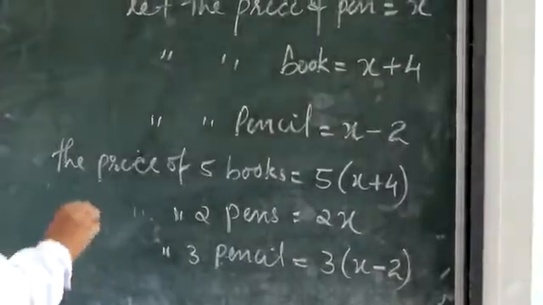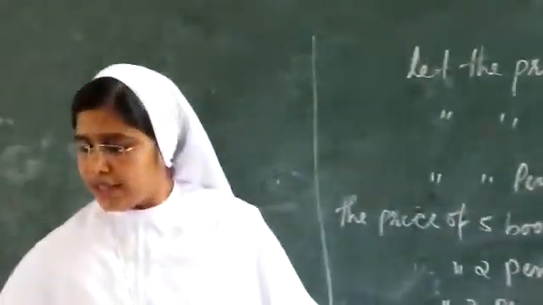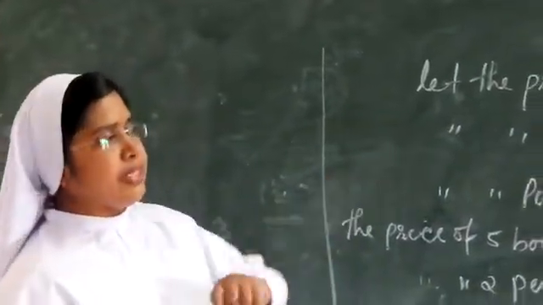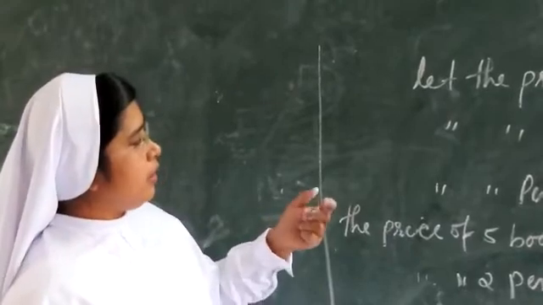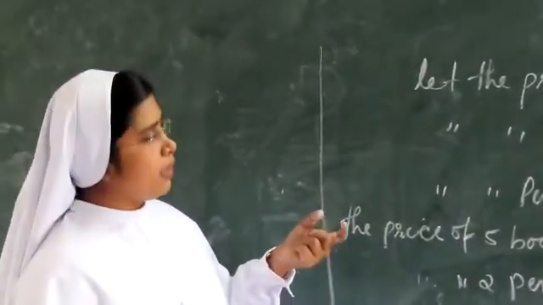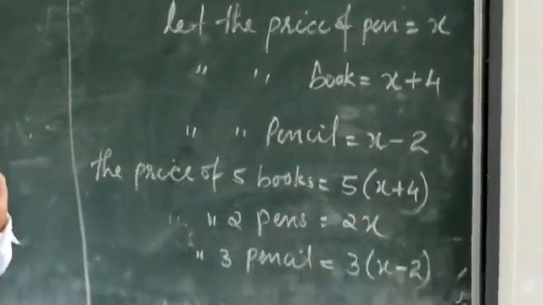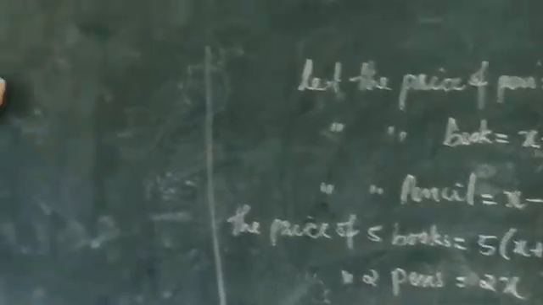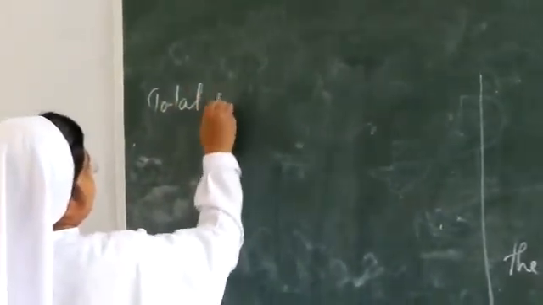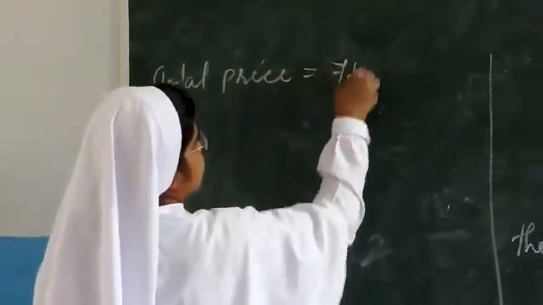Okay. Now what else is given? Are we getting confused? No. Okay. Now the total price is given. The 5 books, 2 pens, 3 pencils. When they bought together, how much money did they have to give? 74 rupees. How will you write? Total price is equal to 74 rupees.